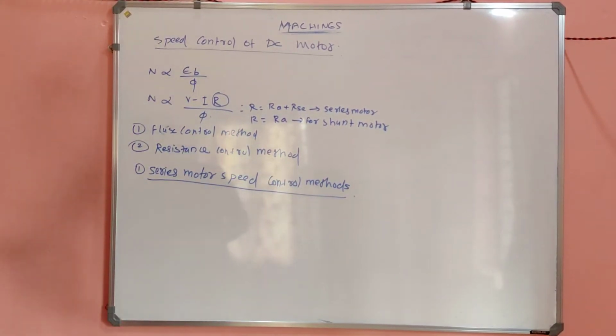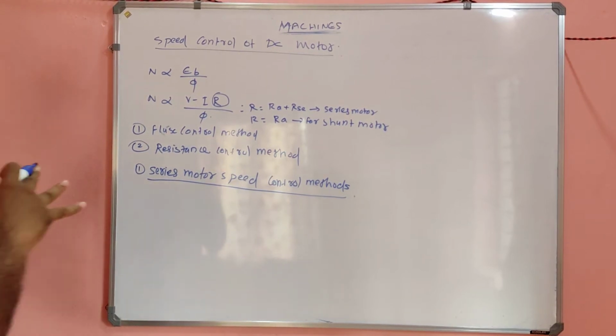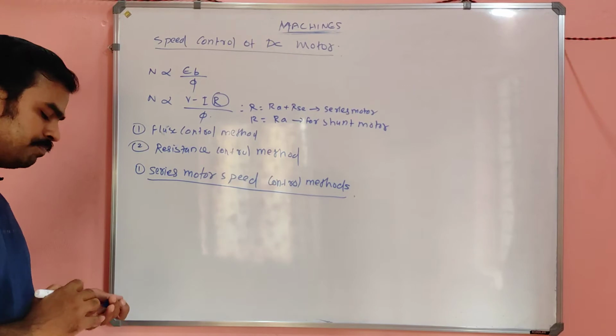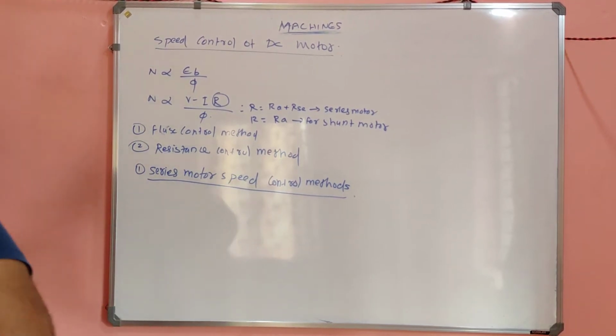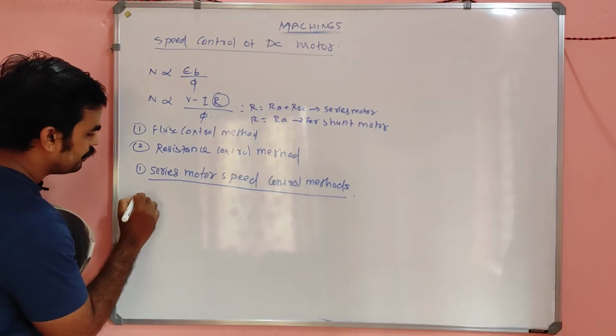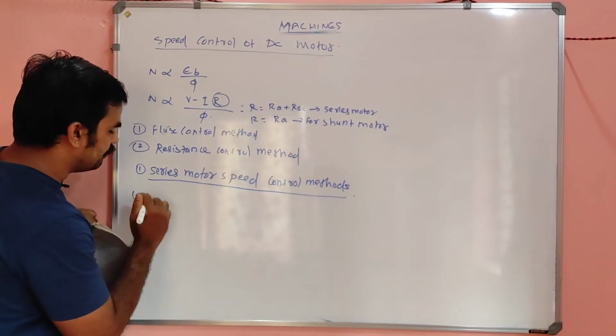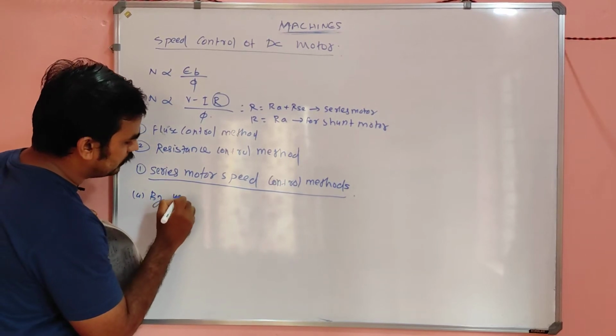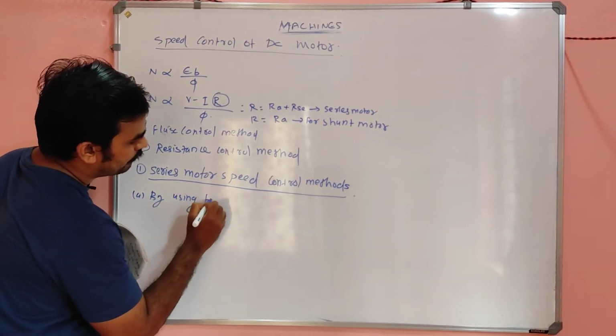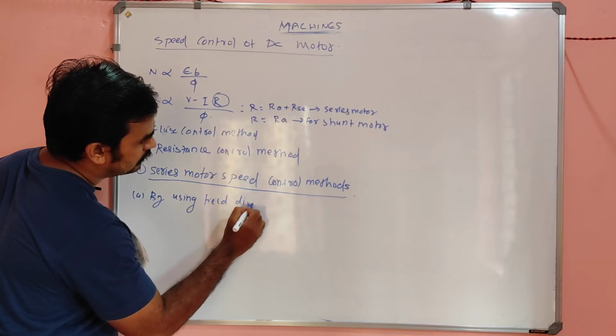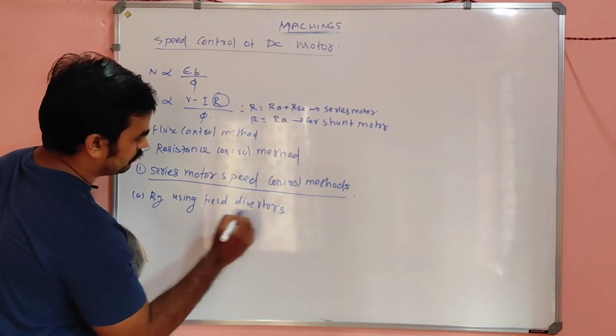Because the shunt motor is a type of constant speed motor, we are giving more importance to series motor speed control. So first of all, by using field diverters.